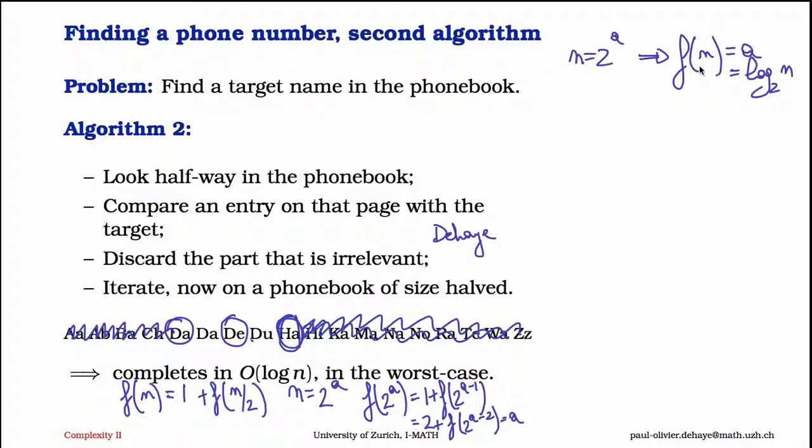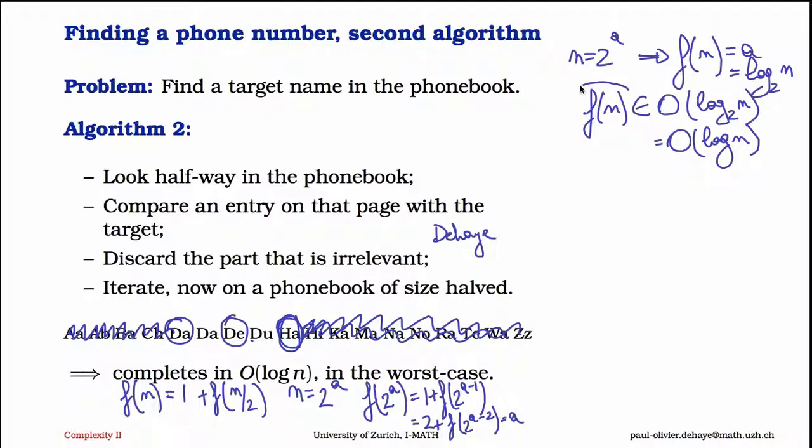So in other words, f of n is in big O of log in base 2 of n. And actually, this 2 here is not important because it's just a constant. And remember, the limsup was computed regardless of the constant. So I can just say that f of n is in big O of log n.